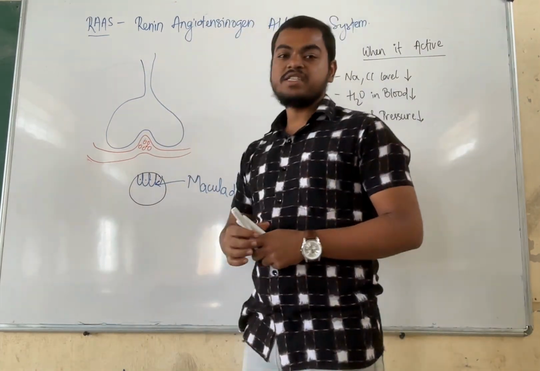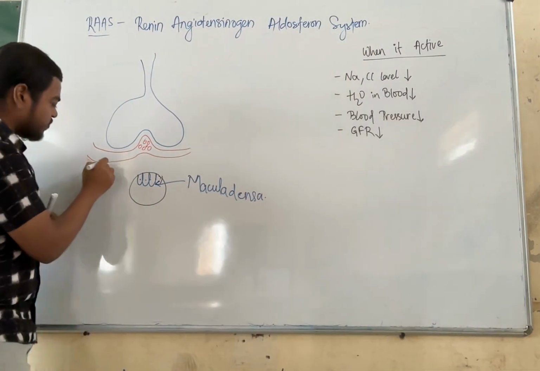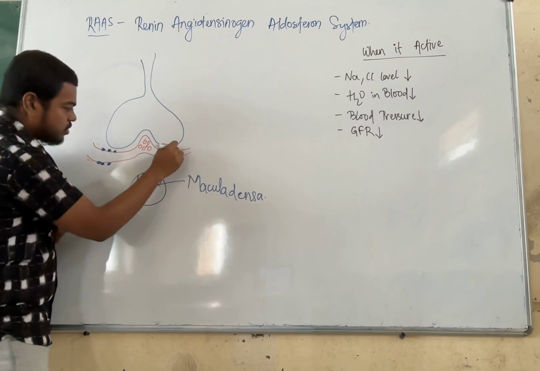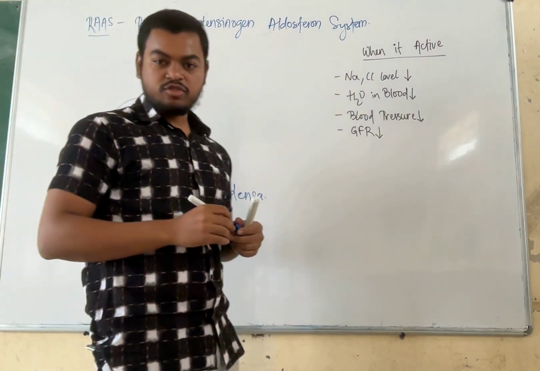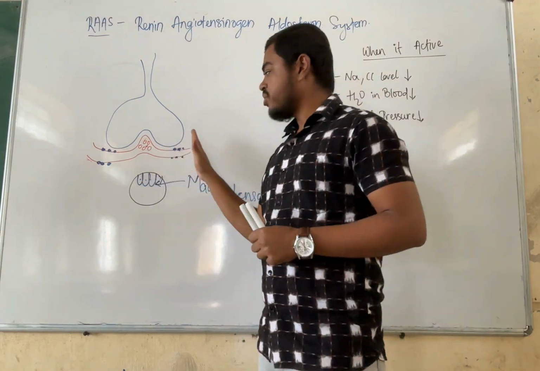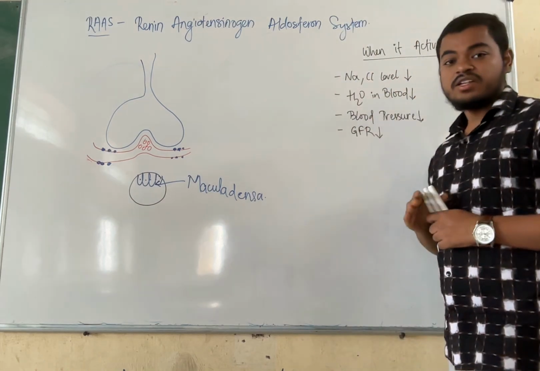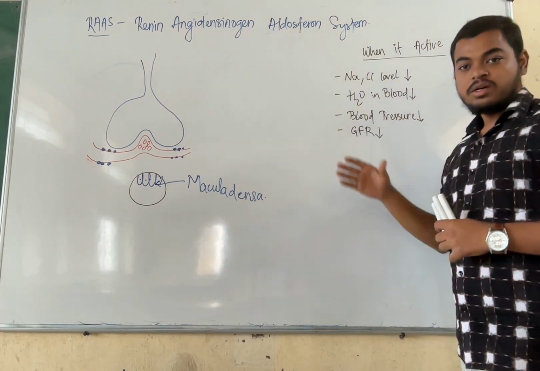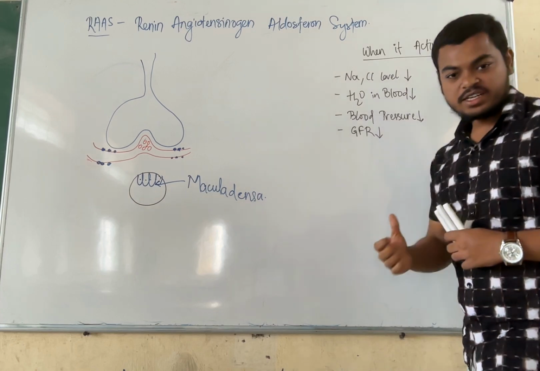Renin is basically secreted from the JG cells, juxtaglomerular cells, which are found around the afferent arteriole and efferent arteriole. These are temporary endocrine structures which secrete renin. The RAAS mechanism activates when the NaCl level in the blood is low, the water level in the blood is low, the blood pressure is less, and the glomerular filtration rate is less.